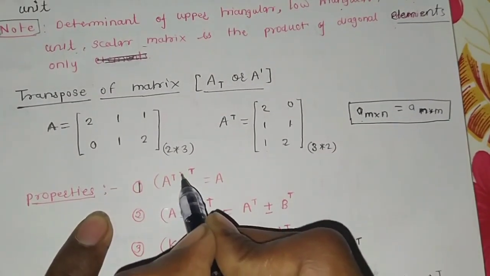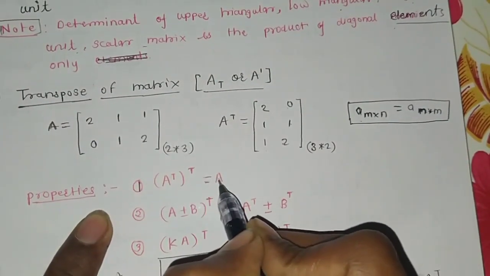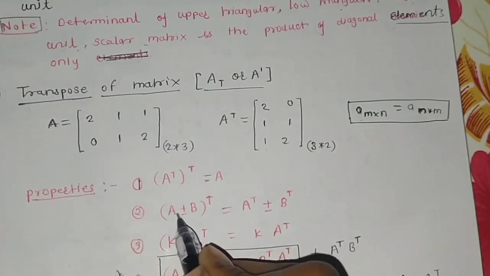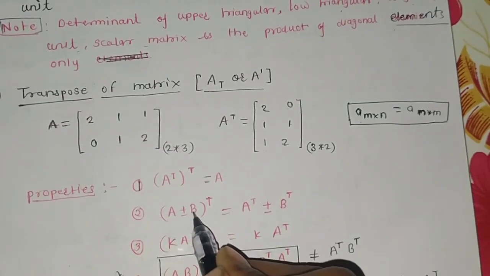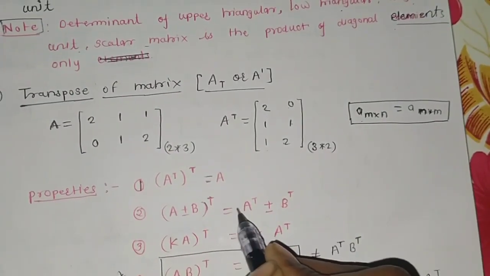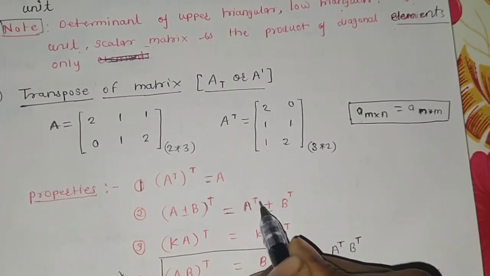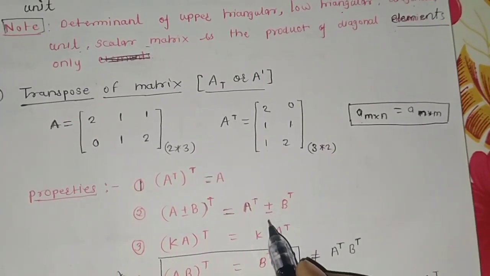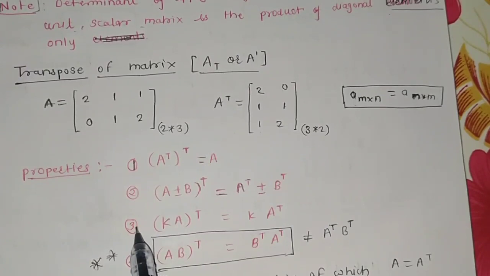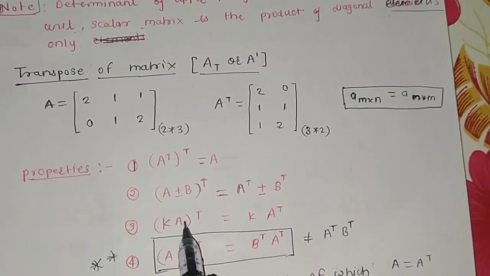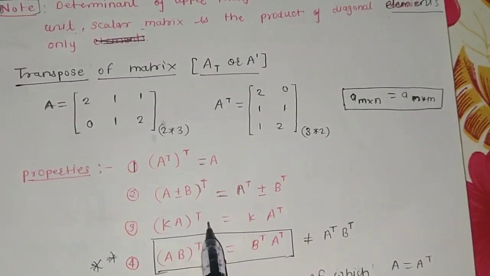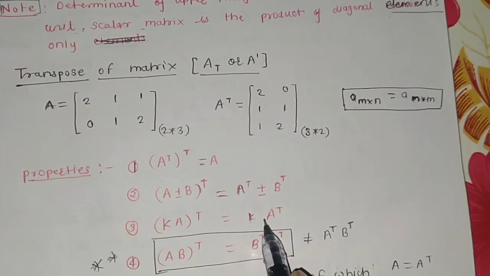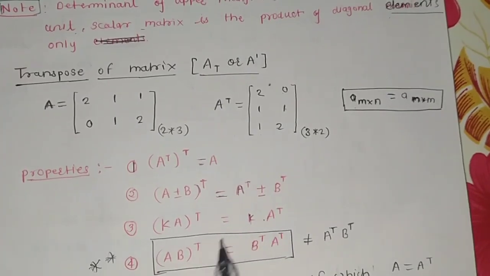Then the properties of the transpose matrix. First, the transpose of the transpose of A becomes A. Second, the transpose of A plus or minus B is equal to A transpose plus or minus B transpose. And the transpose of K into A is equal to K into A transpose.